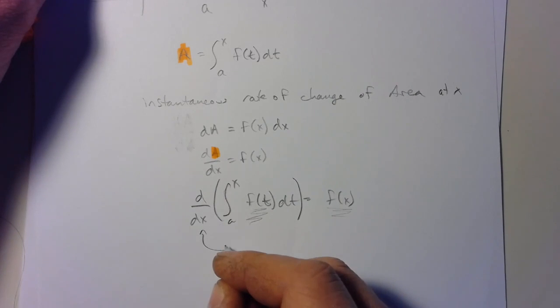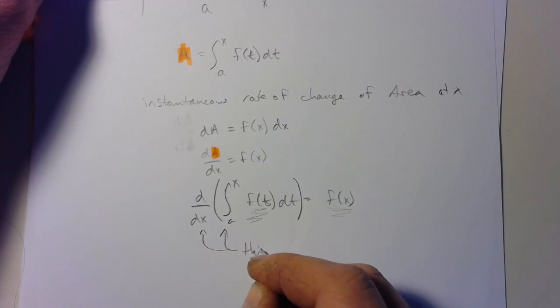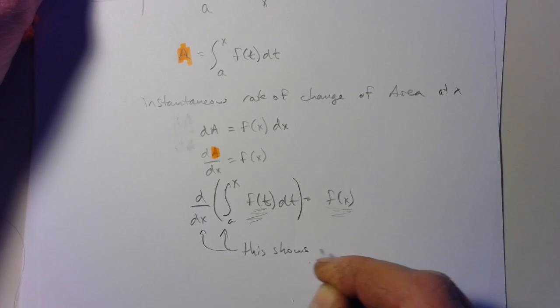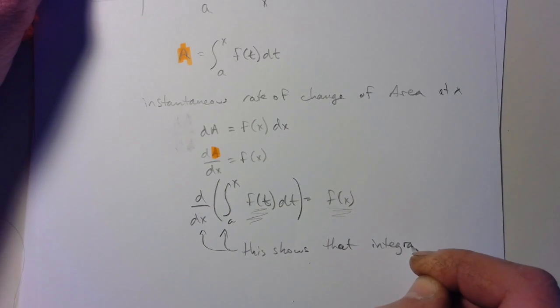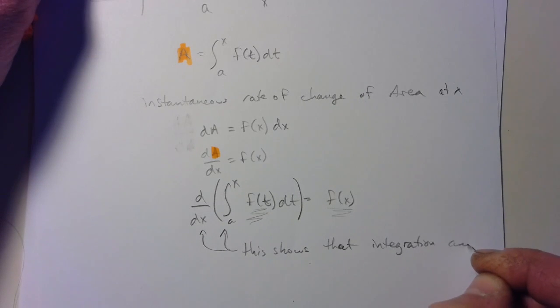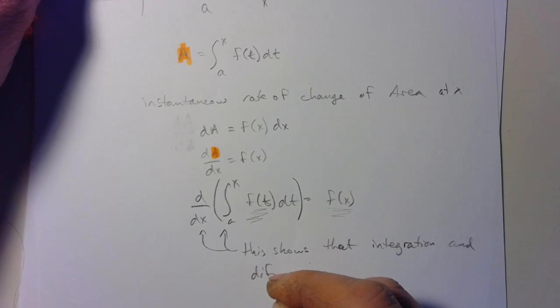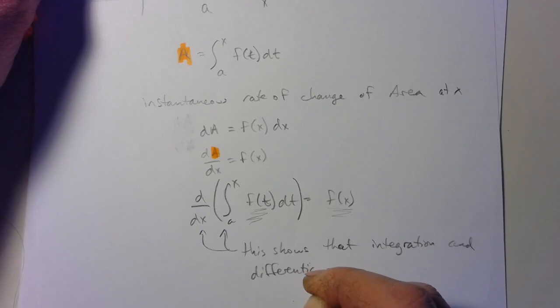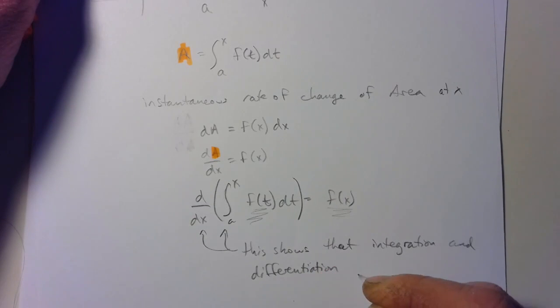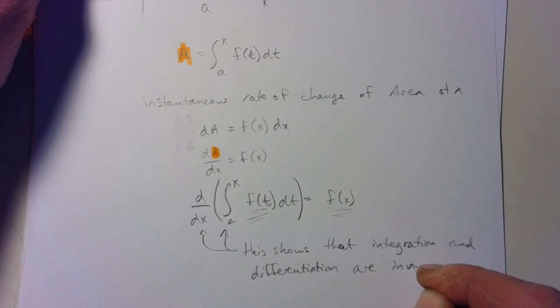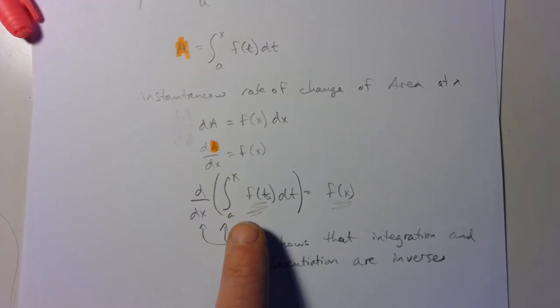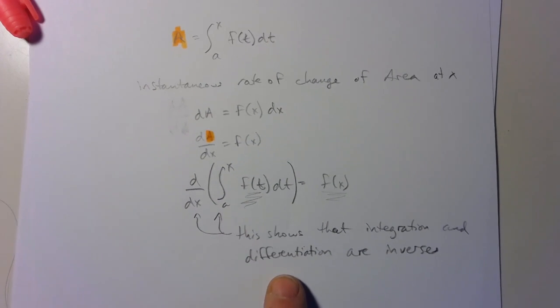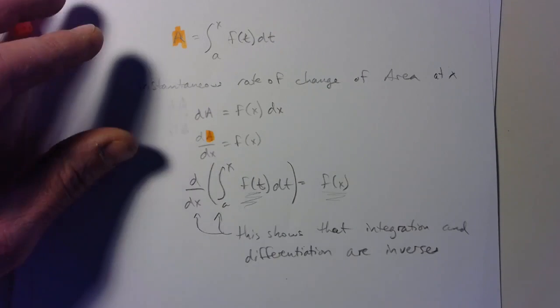So this shows that integration and differentiation are inverses. The significance of that is, if we want the inverse operation of differentiation, we do the opposite of differentiation, or the antiderivative.